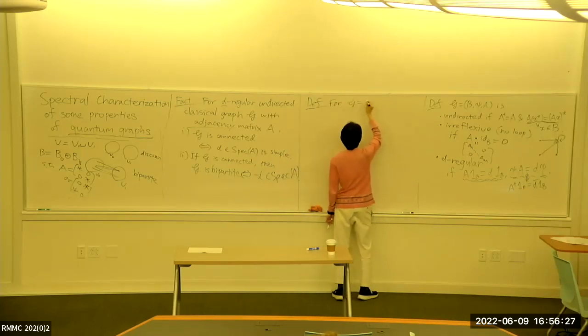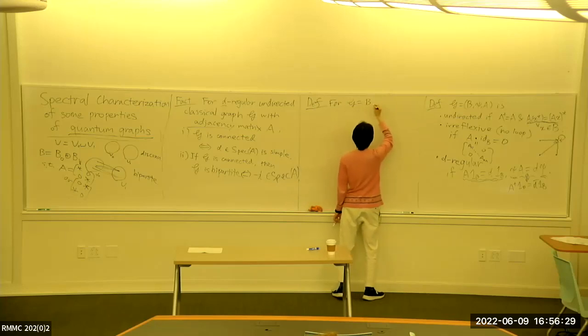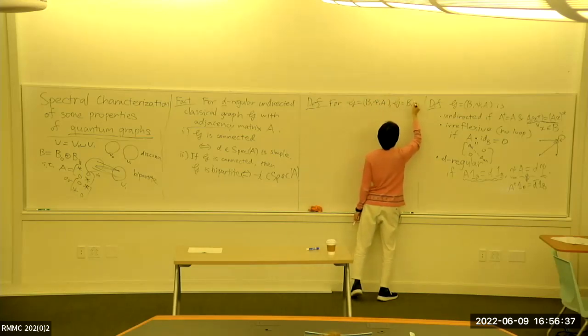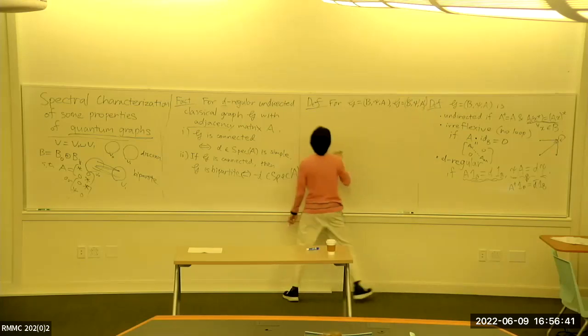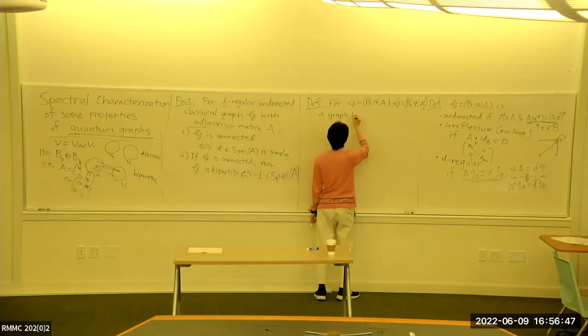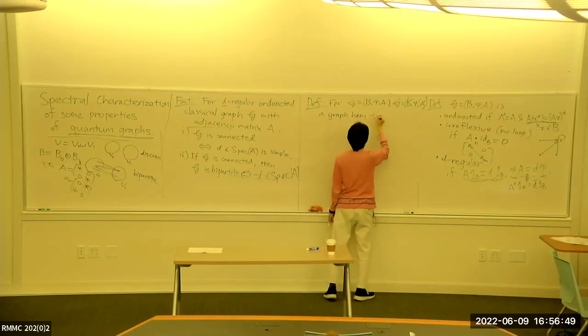Given quantum graphs G and G prime, we define a graph homomorphism from G to G prime.